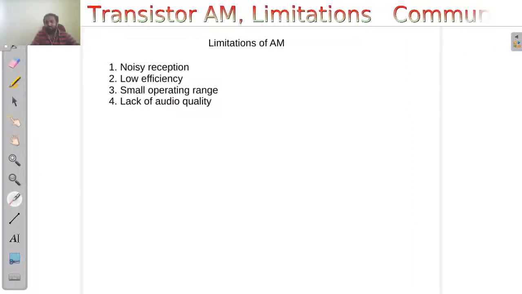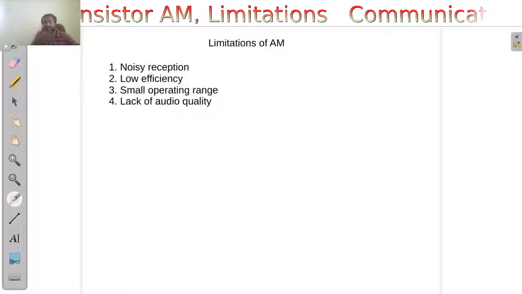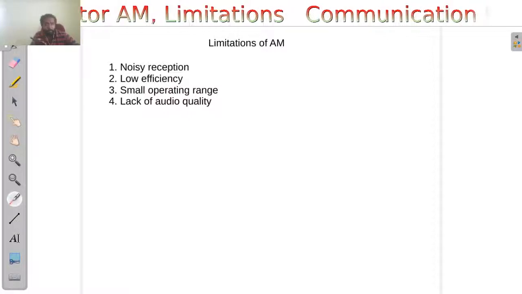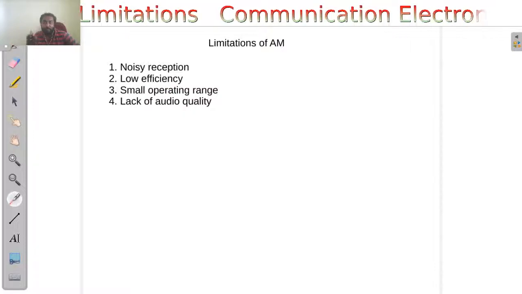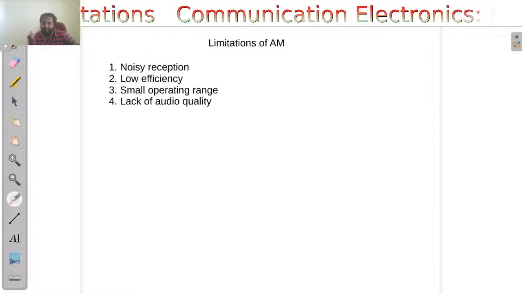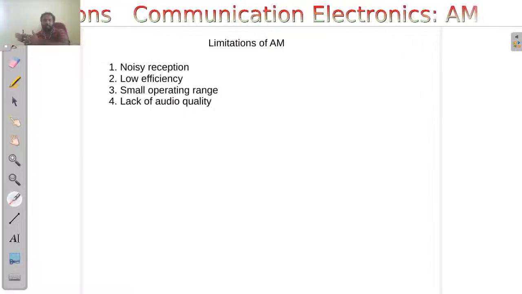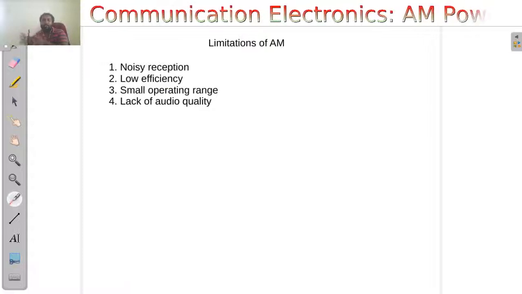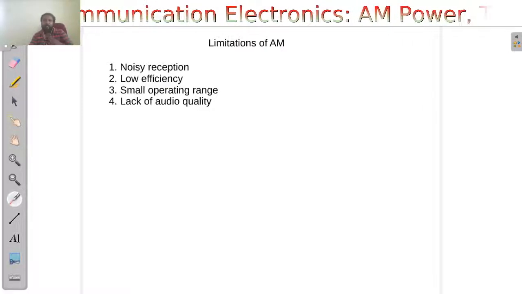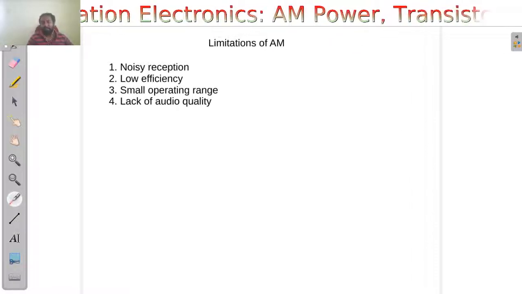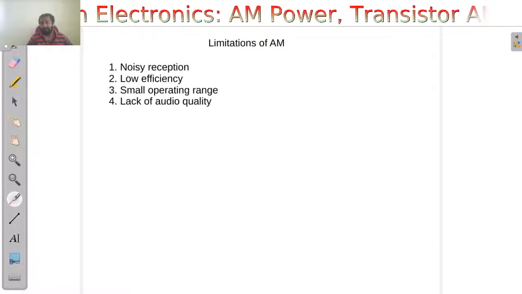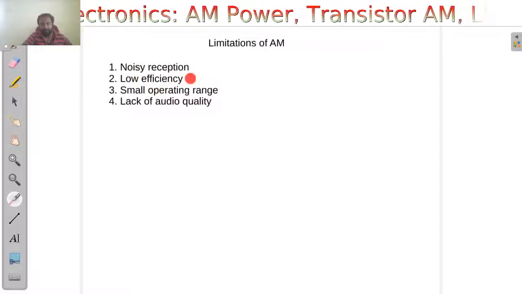The second thing is its low efficiency. We have seen in the power relations that even in the best case scenario, we only have 1/3 of the total power inside the sidebands, which means our information is being transmitted at 1/3 of the total power. That is a limitation in power, so the efficiency of transmission is much reduced in amplitude modulation.